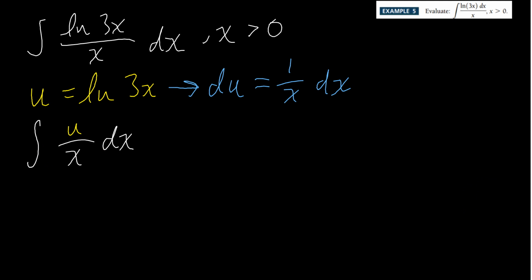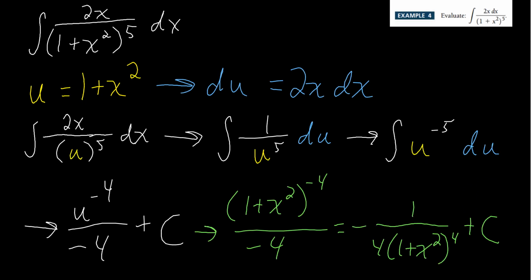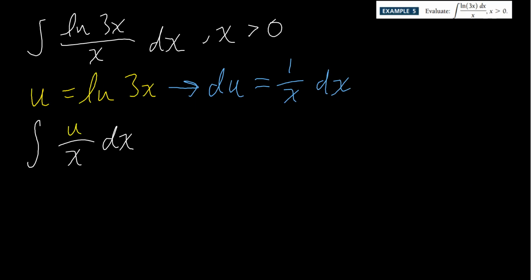So there's not much I have to do here. I'm replacing the 1 over x dx with a du, so it's just going to be equal to the integral of u du.